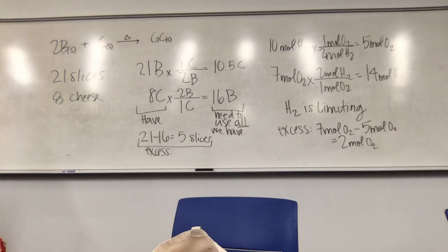So since there is a 2 before the H2 and a 2 before the H2O, wouldn't that imply that you can only react with a positive number of moles? Can you say that again? Because the 2 is there before the H2, and the 2 is there before the H2O, it kind of implies that you can only react with a positive number of moles, right?